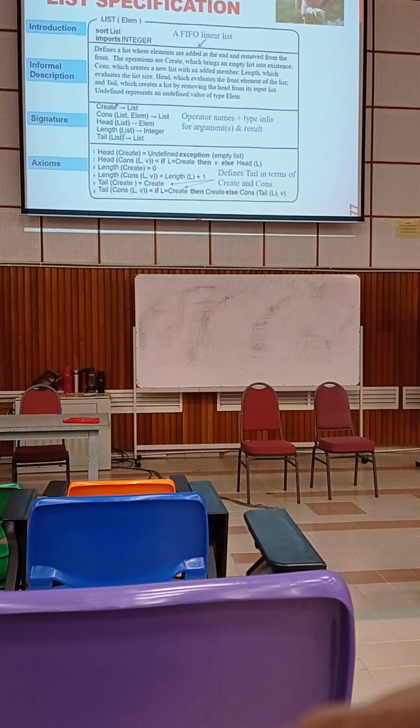Signature, declaration. You see, declaration we don't do like integer, float, currency or whatever. We don't do that way. Here we use the function because I told you, this is mathematical notation. So create is actually a form of list. This is a function which contains list elements.